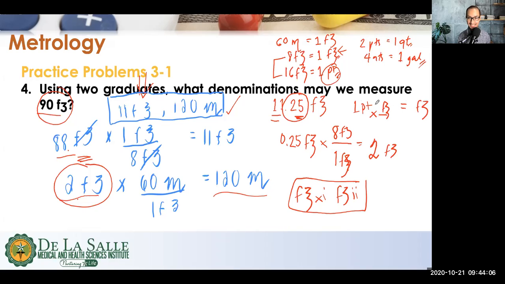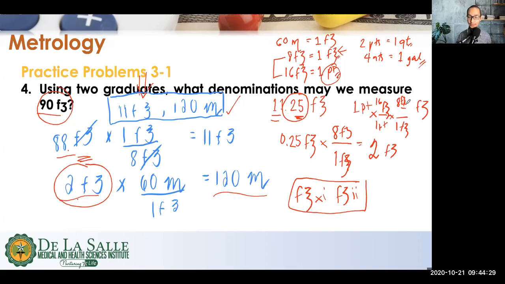So, one pint is equivalent to 16 fluid ounces. And then each fluid ounce is equivalent to 8 fluid drams.